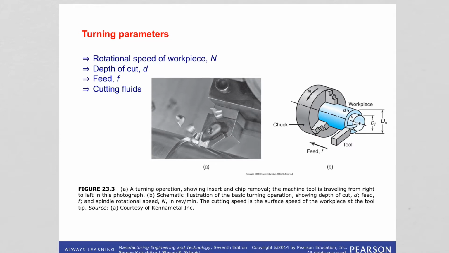Turning operations can be performed at various rotational speeds of the workpiece that is clamped. The rotational speed is N, and that's a parameter that affects the turning operation. And there is the depth of cut we have seen, represented in image B with the lowercase d, and we have seen this in the previous chapter.